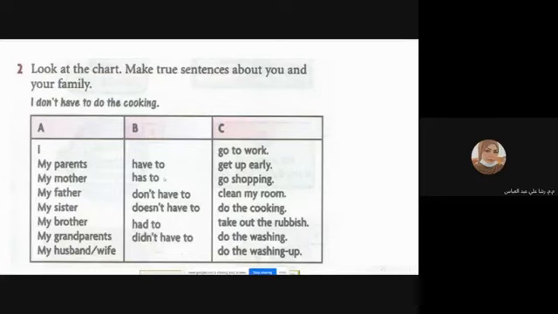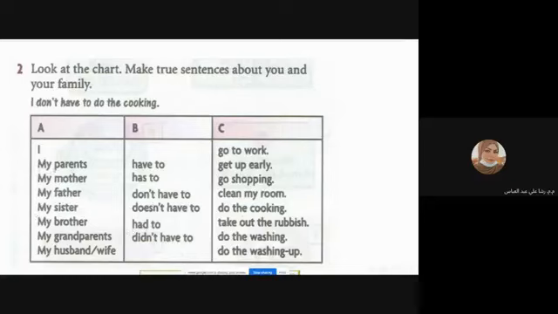Here we have the present and the negative form in the present. If we want to talk about the past, we change it into the past form, and we use had to, meaning it was necessary. Had to comes with all types of subject, whether singular or plural.